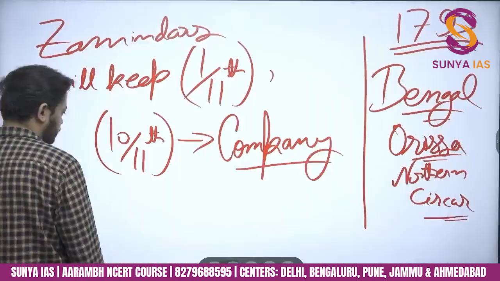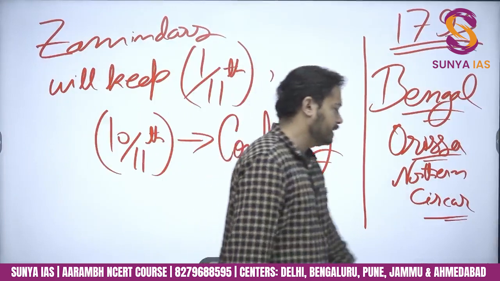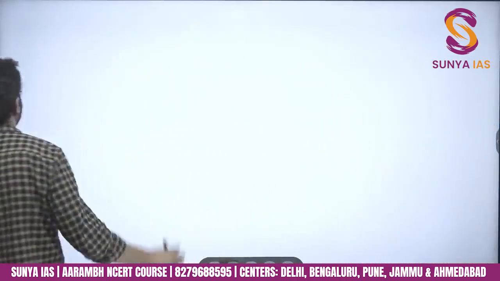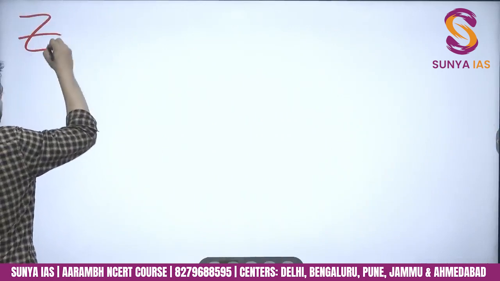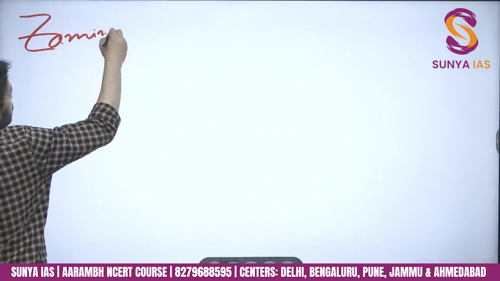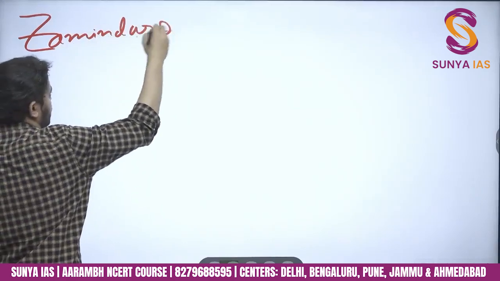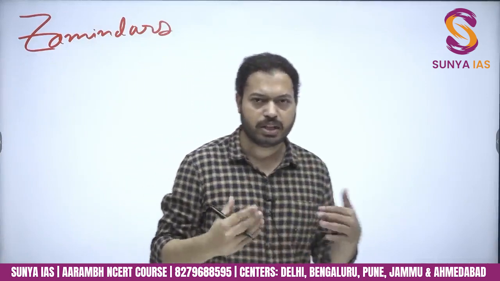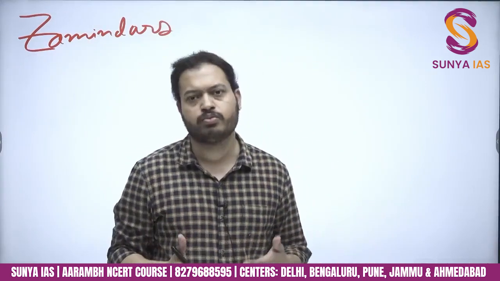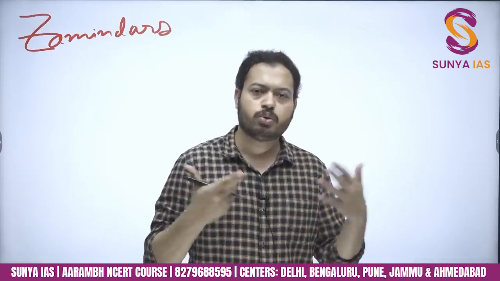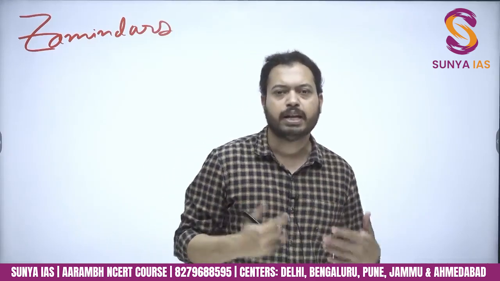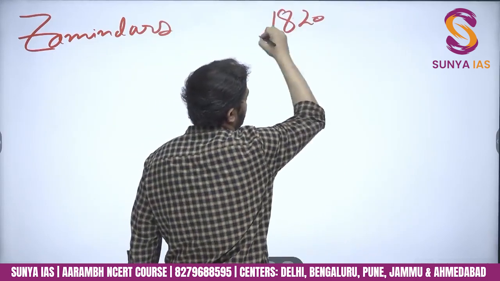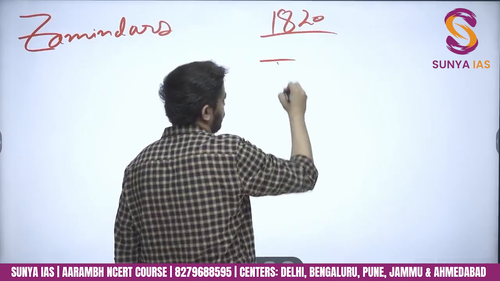Back in the late 18th century and early 19th century, zamindars were given this system by the British East India Company, but there were certain farmers who had land, and over the period they started purchasing more and more land on their own, and by 1810 and 1820 you will see there was a group of people who were called jotedar.